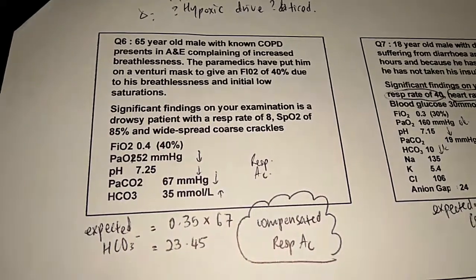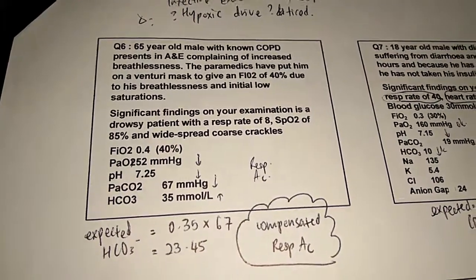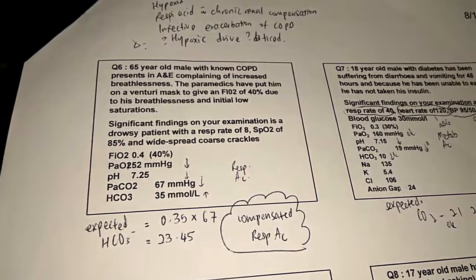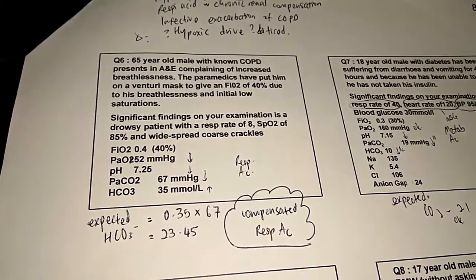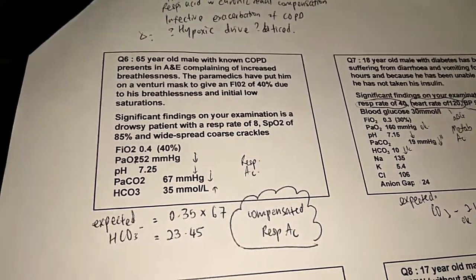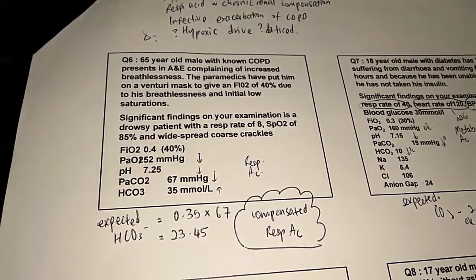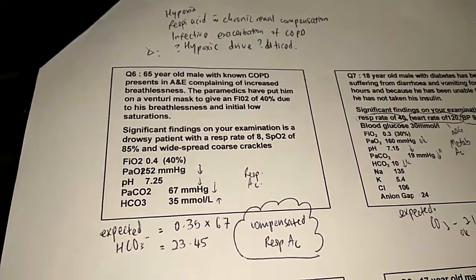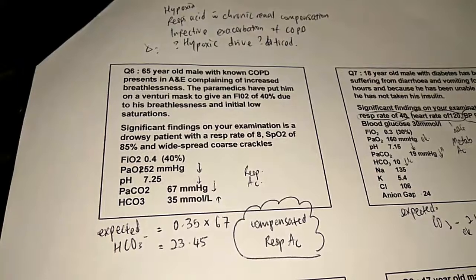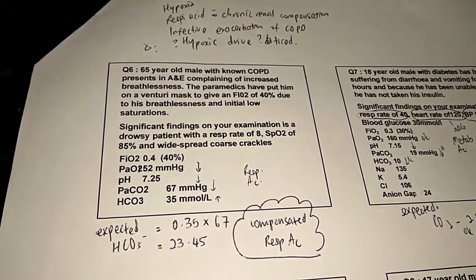Okay, case number 6, a case of compensated respiratory acidosis. He's a 65-year-old male with known case of COPD, complaining of breathlessness, with Venturi mask.